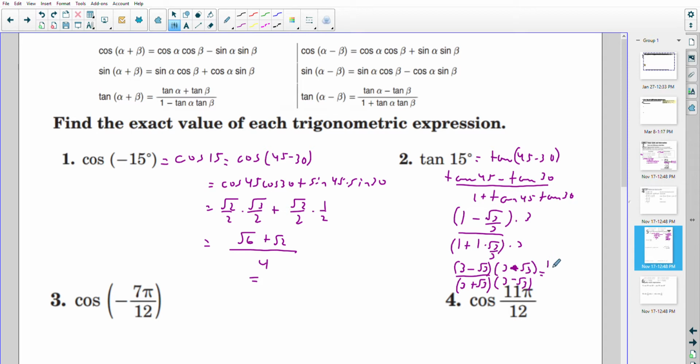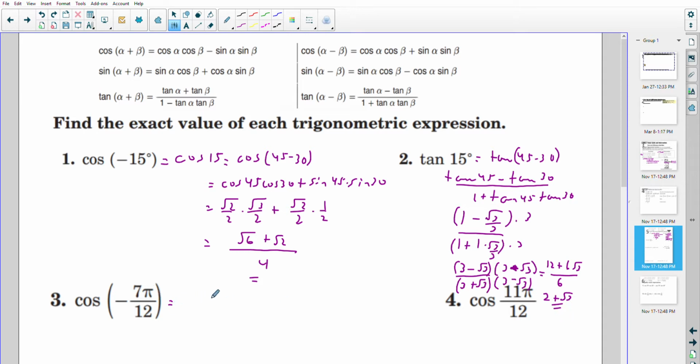So it's 12 plus 6 square roots of 3. And on the bottom, middle terms will cancel, and you're left with 9 minus 3, which is just 6. Now, this can be broken down into two fractions, so it's 2 plus square root of 3, and you're done.